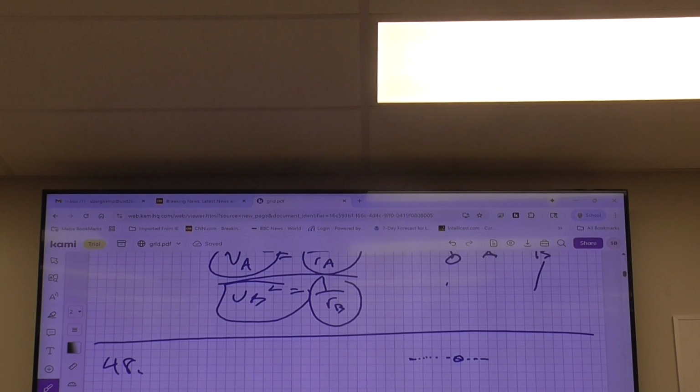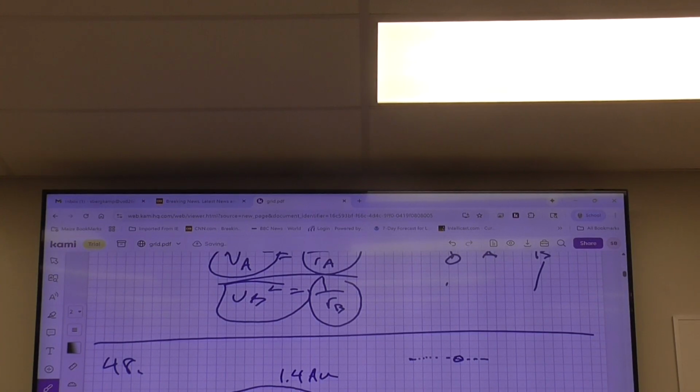So here's what's happening on 48. Here's some star, and this planet orbits this star with a period of 600 days, at a distance of 1.4 AUs.